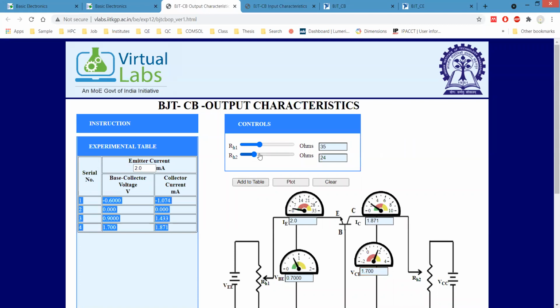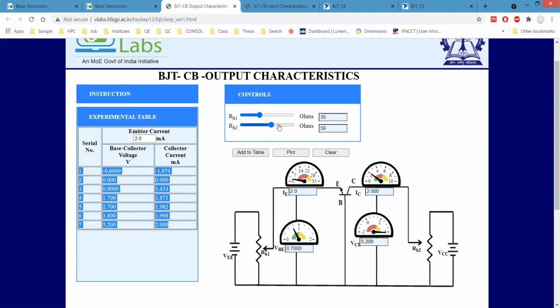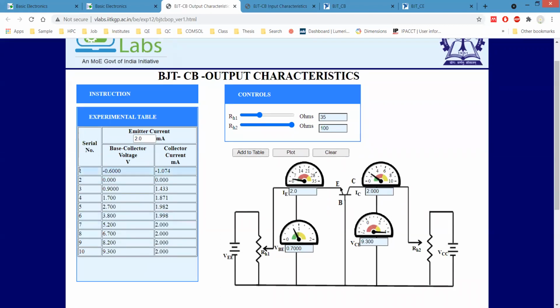In this case, emitter current we have considered as 2 milliampere, and similarly we change the voltage across the collector base junction, and we will see what the collector current will be.